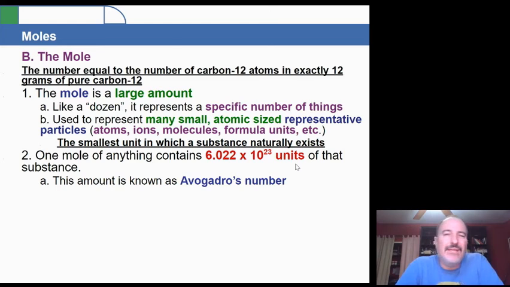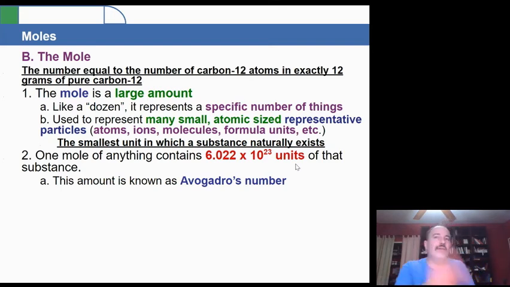And you're going, well, wait a second. What's so special about that number? Why does it have to be that specific number? I mean, theoretically, what if you had 1 times 10 to the 24th? Wouldn't you have enough atoms to be able to see them and work with them? Yeah.